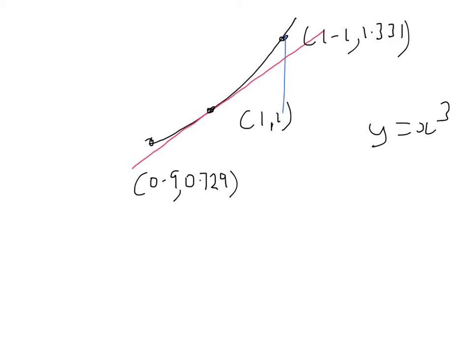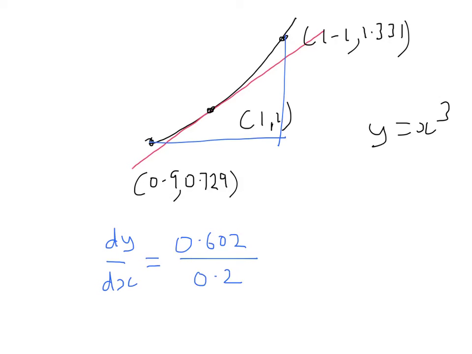So let's do a dy and a dx. dy is the change in y, the difference in the y's. dx is the difference in the x's. Well, 1.331 minus 0.729 is 0.602, and 1.1 minus 0.9 is 0.2, so we get 3.01 for the gradient at that point.